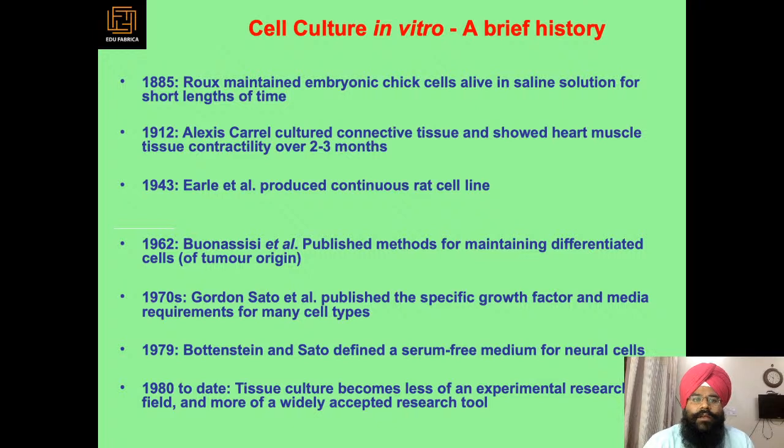In 1885, Roux maintained embryonic chick cells alive in saline solution for a short length of time. Alexis Carrel cultured connective tissues and showed heart muscle tissue contractility for 3 months. Then in the 1970s, Gordon Sato published the specific growth factor and media requirements for many cell types. Then in the 1980s, tissue culture became less of an experimental research field and more of a widely used research tool.